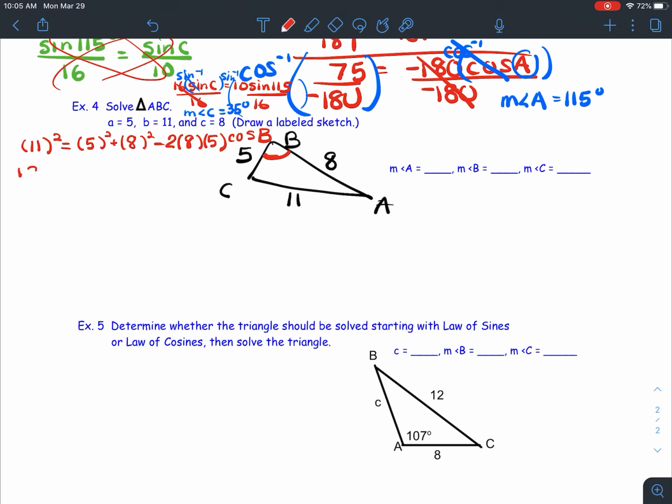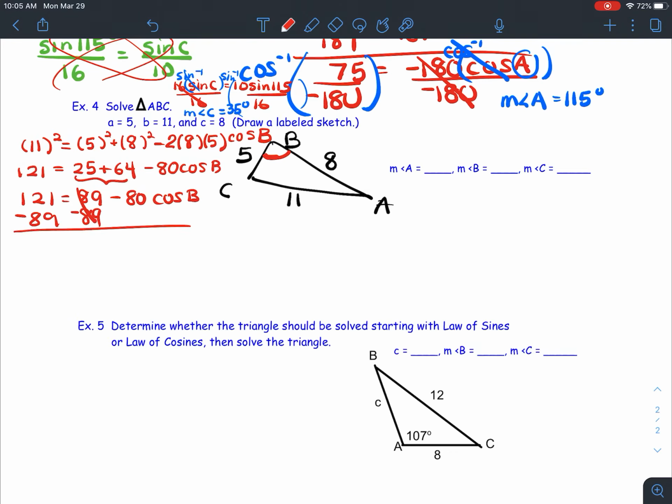Okay, so again, we're just going to square each of our numbers here first. We're taking minus 2 times 8 times 5, that would be negative 80, cosine B. I'm going to go ahead and add this together here. Be careful, you can't subtract that 80 from 89. You have to move the 89 over separately.